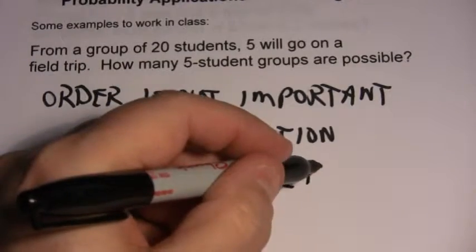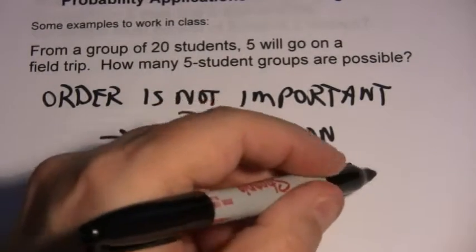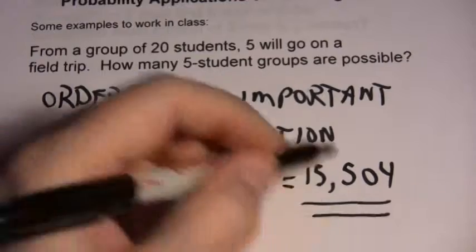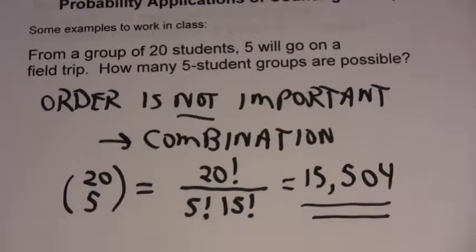So there are 15,504 different groups of 5 students that could be chosen from a group of 20 to go on this field trip. Simple enough.